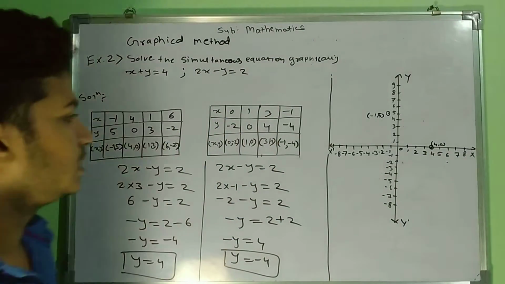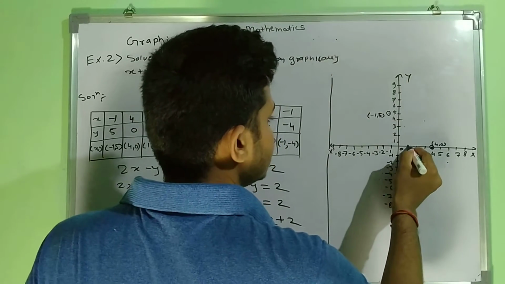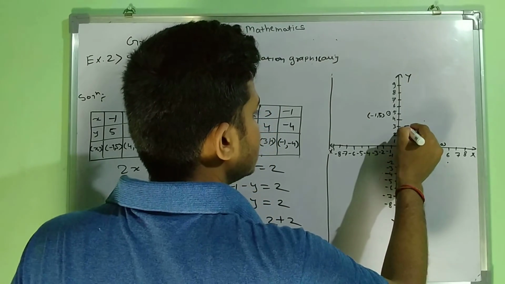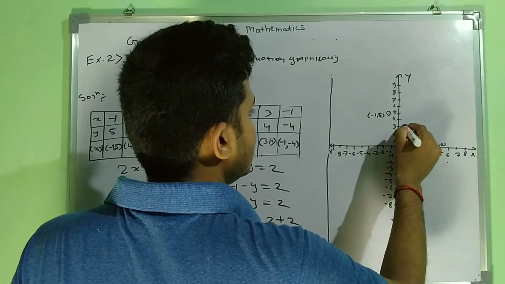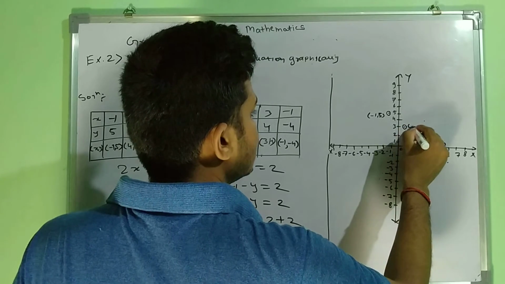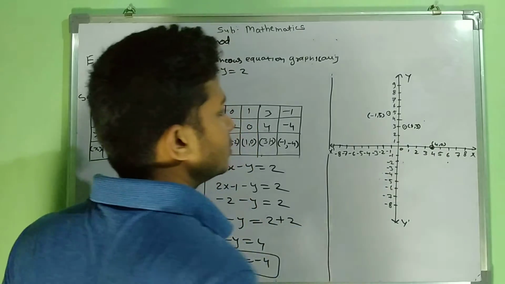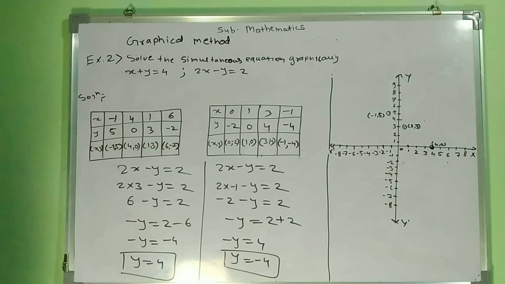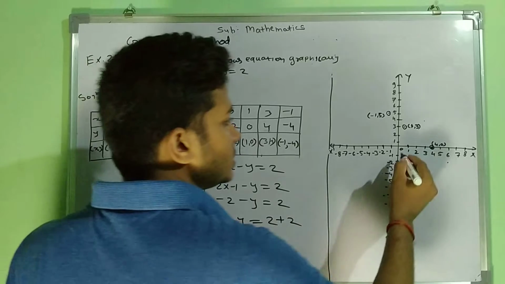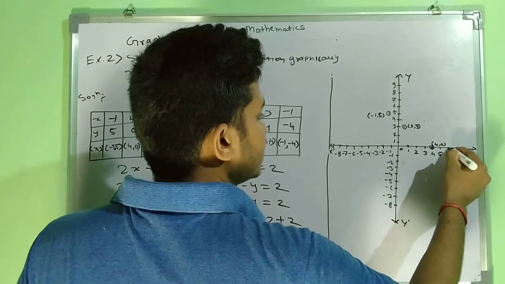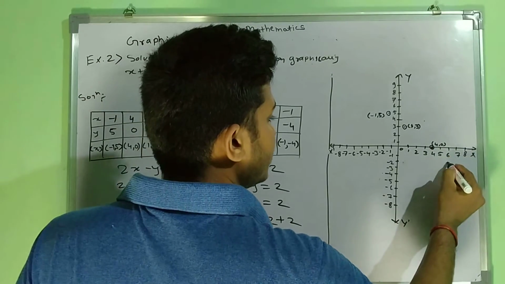After that (1, 3): 1 on the x axis and 3 on the y axis, this point. After that (6, minus 2): 6 on the x axis and minus 2, that point will be here.